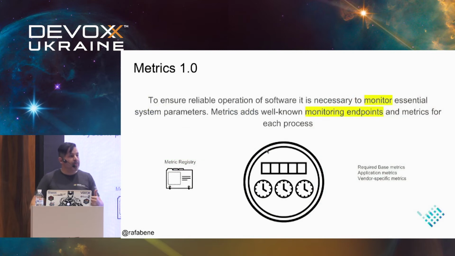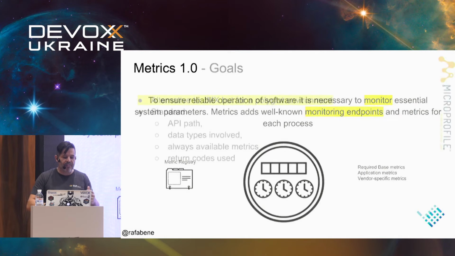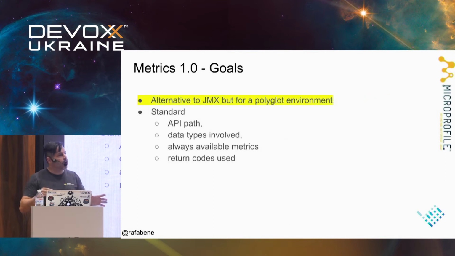Okay, we have also metrics. Metrics is different from health check because the purpose of metrics is to be an alternative for JMX, right? With JMX, we can have information about the thread, memory, a lot of things, but it's only for the JVM.